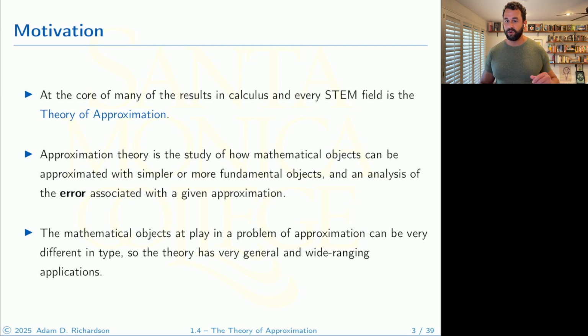That's what it is at its core. A lot of times, when we approximate something, we want to analyze the error associated with the approximation. The objects that we actually use in an approximation can be very different in type. So the theory is very general in nature, and it has a lot of wide-ranging applications.